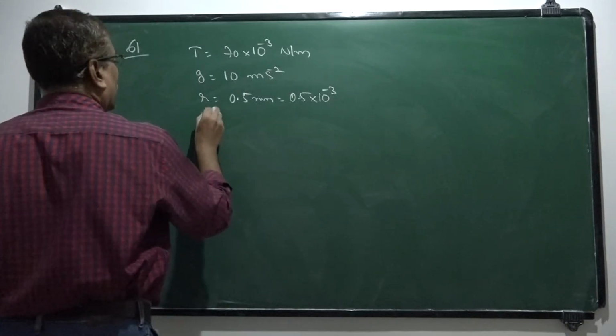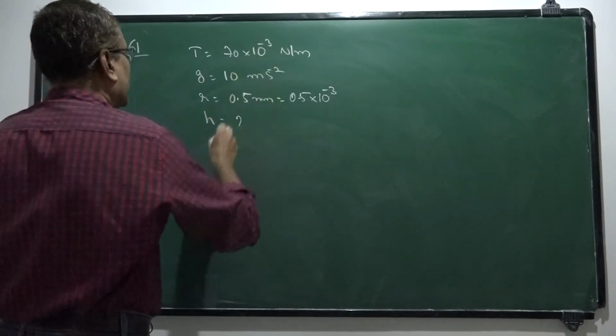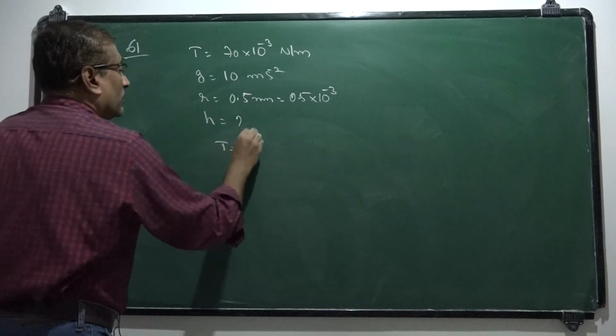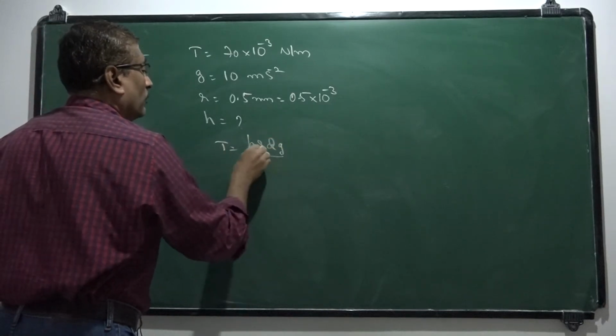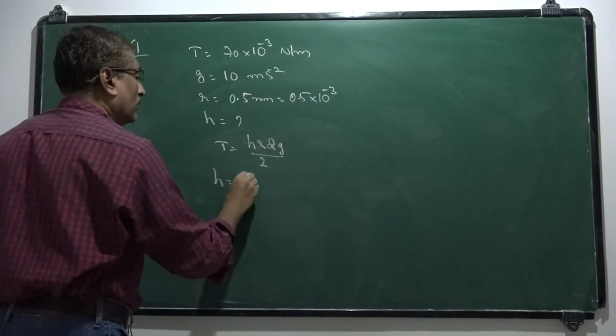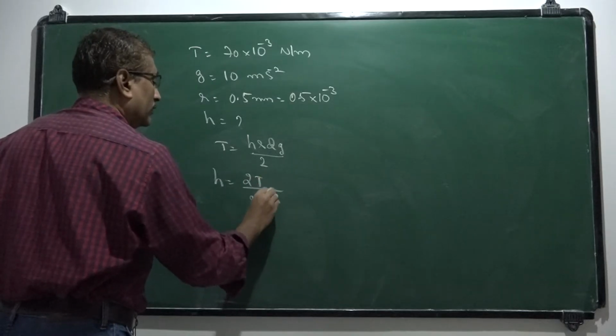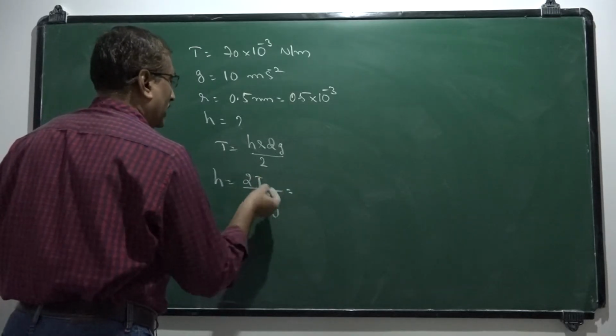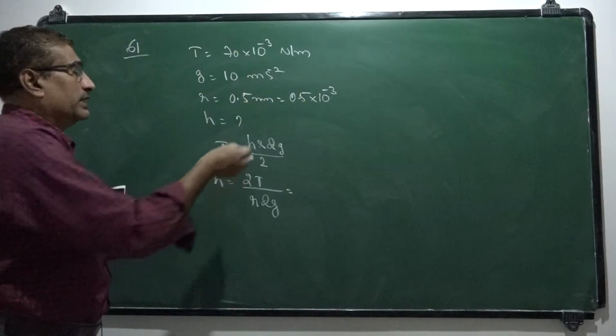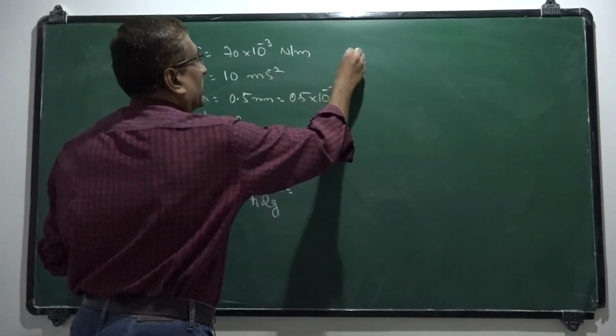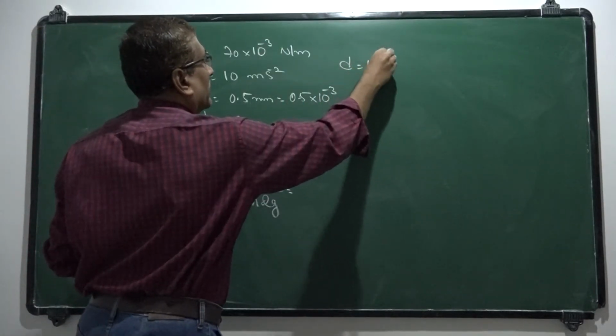And you have to calculate h. So, the formula is T is equal to h r d g by 2, that means h equal to 2T by r d g. And the density of the liquid, given it is water, so density of water is 10 to the power 3 kg per meter cube.